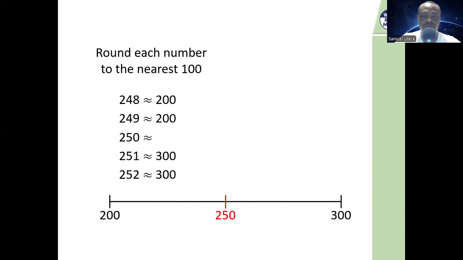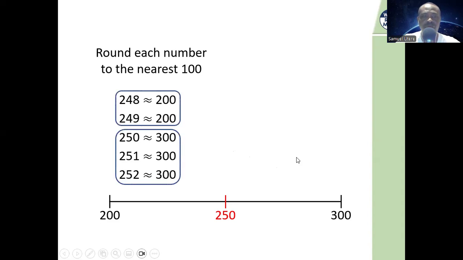So we'll say it is closer to 300. But the rule is if it's exactly halfway between, we just say it rounds to the next number higher up, which is 300.